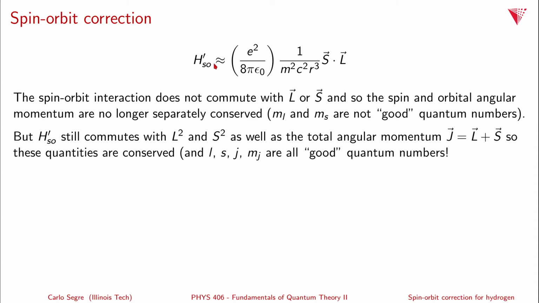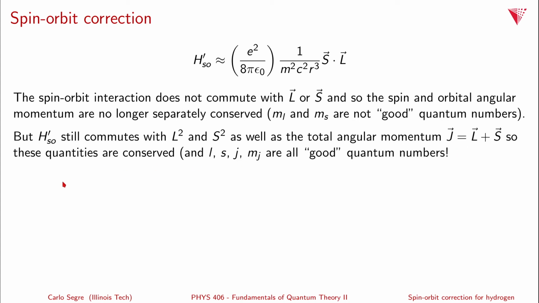But the total spin orbit Hamiltonian still does commute with L squared and S squared. And it also commutes with the total angular momentum J equals L plus S, which we showed already in the past.